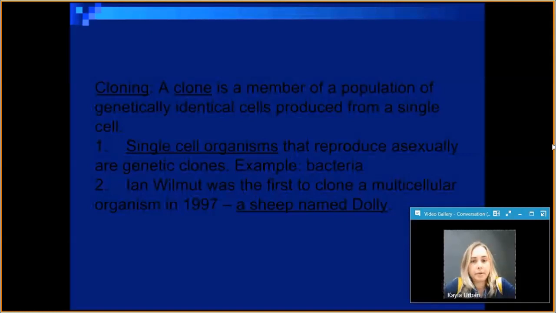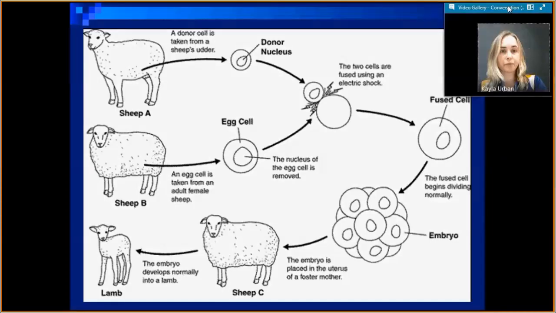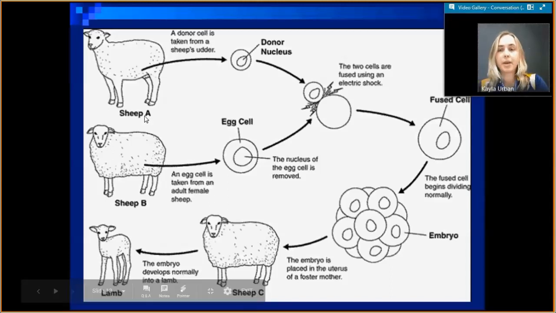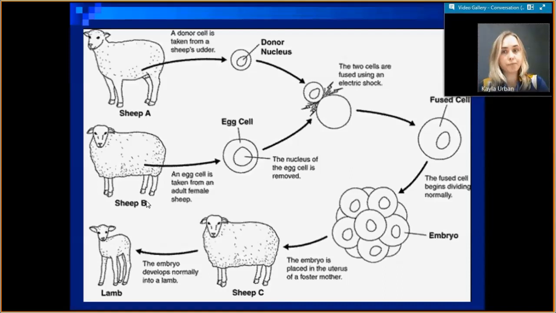So we're going to talk about a sheep named Dolly, and it was the first clone of a multicellular organism, and she was created in 1997 by a guy named Ian Wilmut. Okay, so if you start up in the upper left-hand corner here with sheep A and sheep B, this is how you make a clone.